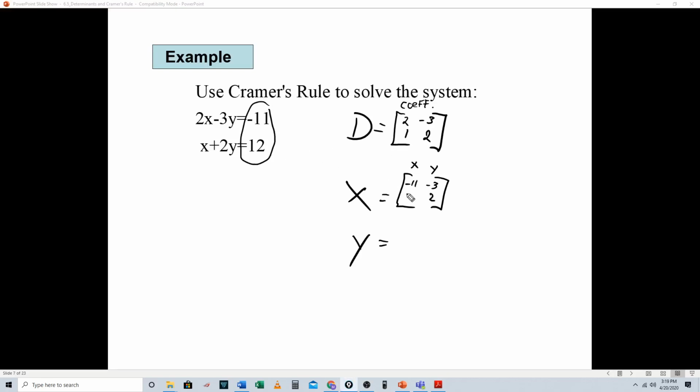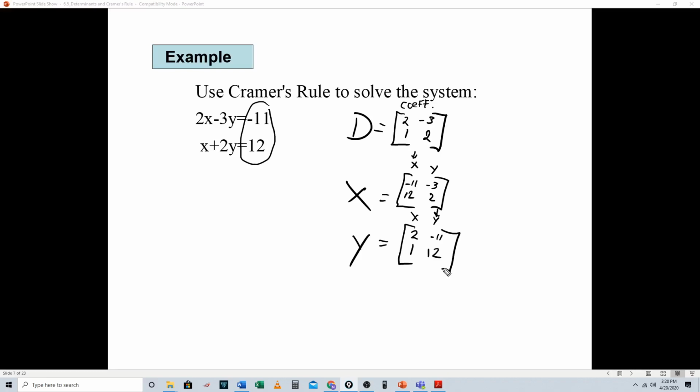Instead of 1, we're going to have 12. So your X column gets replaced. Now matrix Y, what do you think is going to happen? If you said replace your Y column this time, you're correct. So we have 2, 1 now, but instead of negative 3, 2, we're going to take our solutions, negative 11, 12. And that is how we create the 3 matrices.